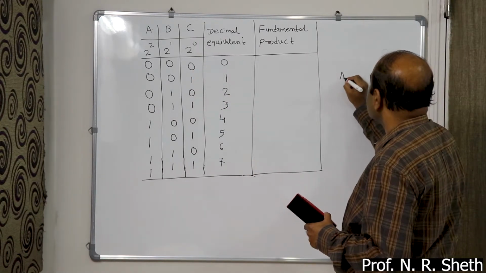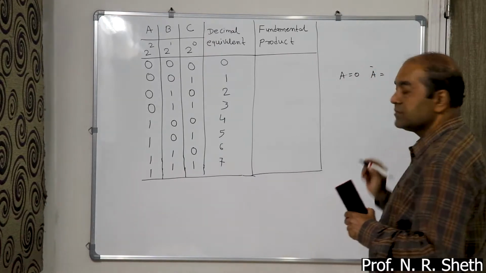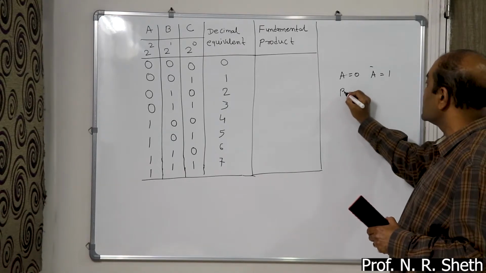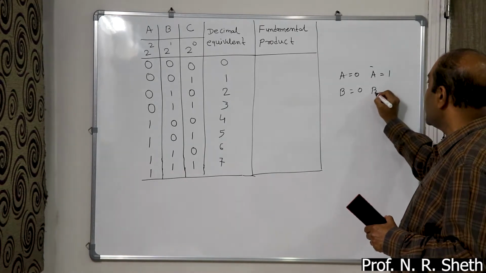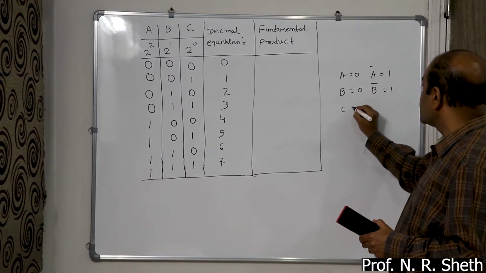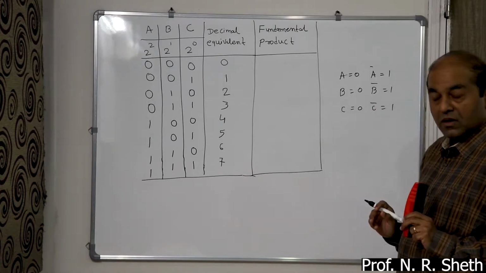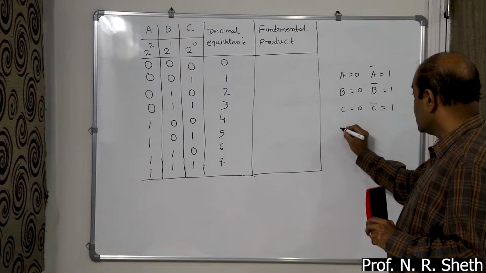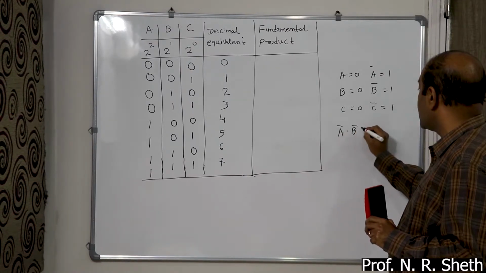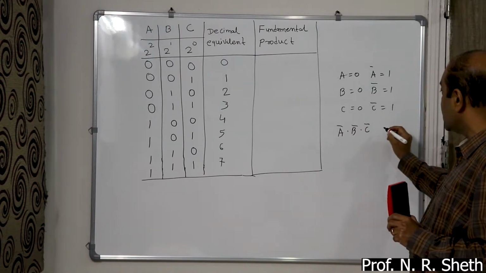When A is 0, what is A bar? A bar is 1. B is 0, so B bar is also 1. C is 0, so C bar is 1. So only for this situation, A bar dot B bar dot C bar is 1 dot 1 dot 1, that is 1.